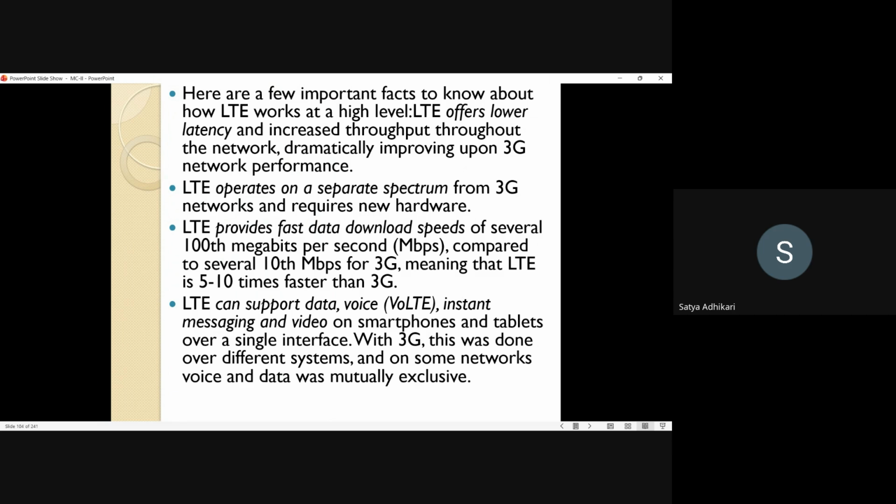So data rates are increasing over 2G and 3G networks. The speed is better as compared to the 2G and 3G networks.